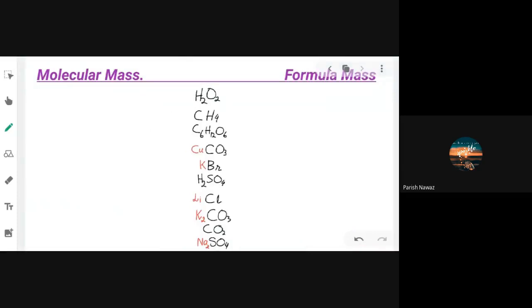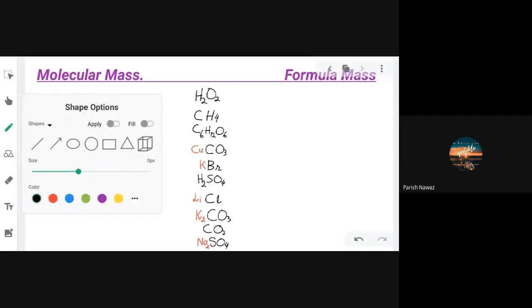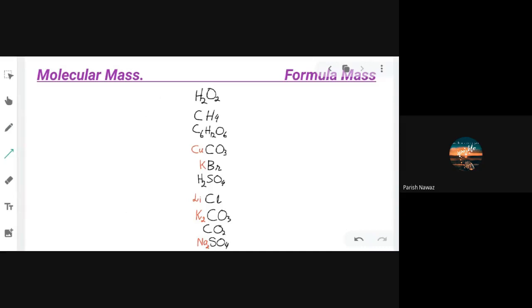The letters that I have written in red color are metals. Yes, exactly, they are metals. So tell me, what is H2O? Molecular mass.